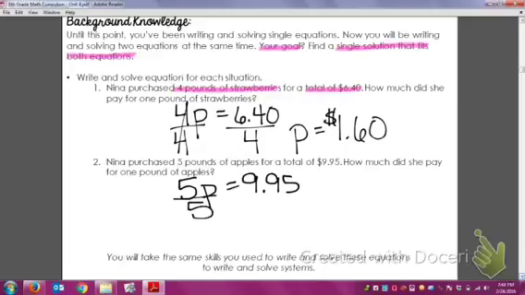Okay, solve it. Divide by 5 to each side. Go ahead. Okay, so how much were the apples? $1.99. That's what I got. Hope I'm right. Okay, so these were two little simple equations, and it says on here, we're going to take these same skills that we used to write and solve these equations to write and solve systems.